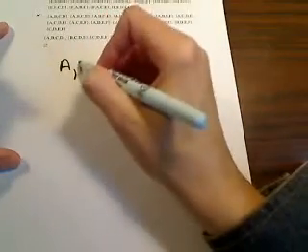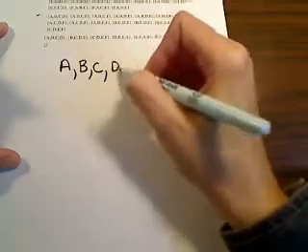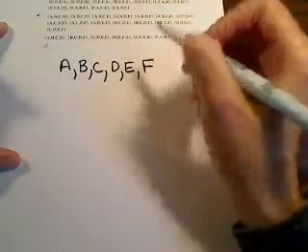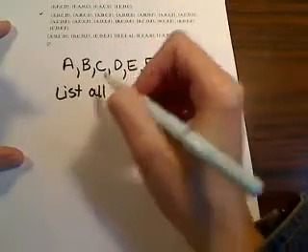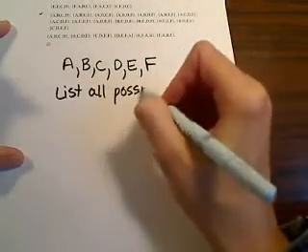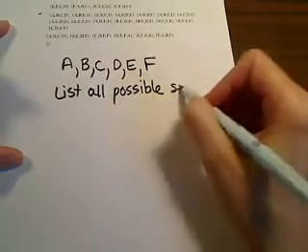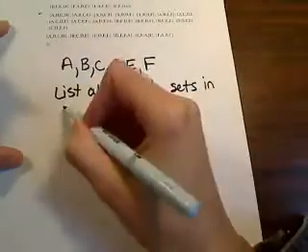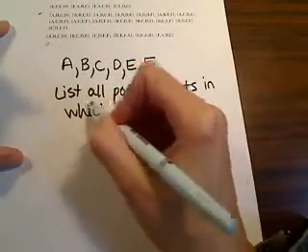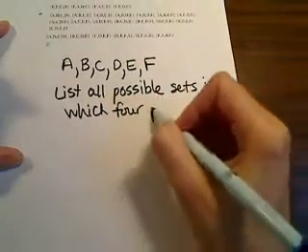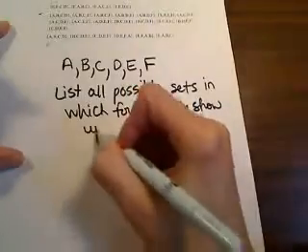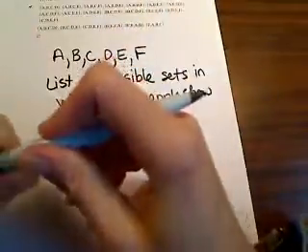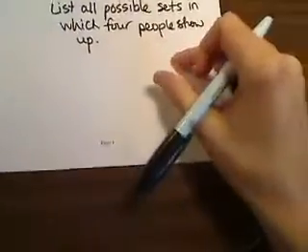Okay, so we're listing them, we're using these letters to represent their names, and we want to list all possible sets in which 4 people show up, you know, to the hospitality suite.